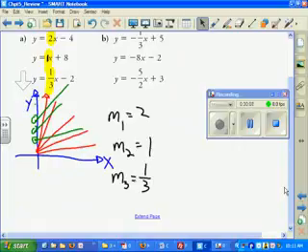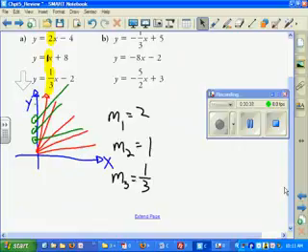Remember when we were filling out that chart and I had you fill in, draw sample slopes and sample equations for things that were steep and rising to the right, and 45 degrees, and gently rising? What properties will we be able to determine from that?